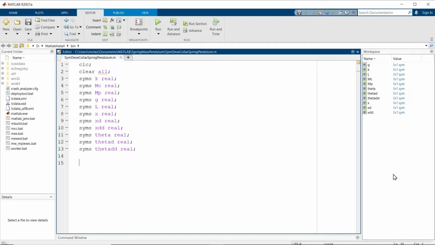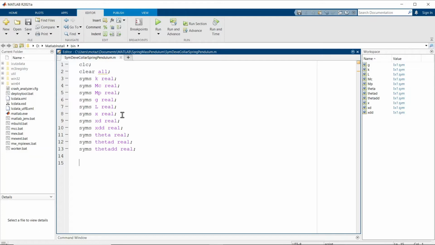So in this M file, we're just going to derive the equations. As you can see, we have defined these symbols: the spring constant, mass of the collar, mass of the pendulum, g for gravity, length of the pendulum, and these are our generalized coordinates that we have to define when we use the Lagrangian method to find the governing equations of motion.